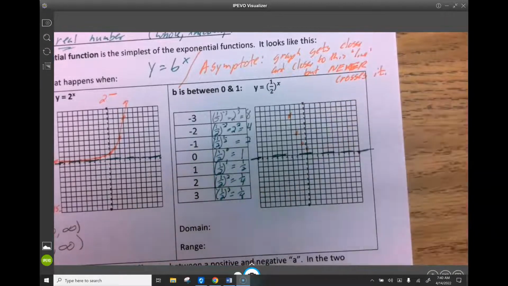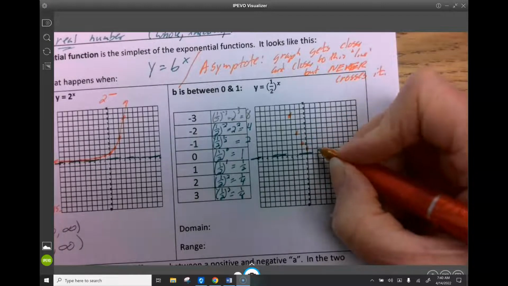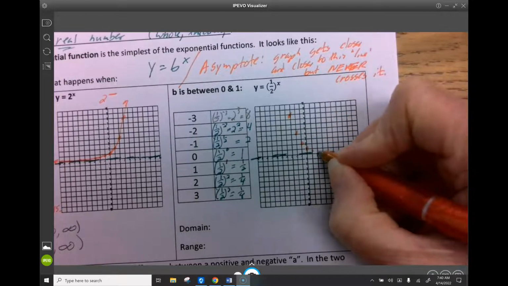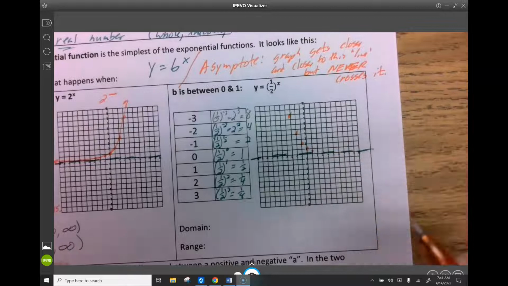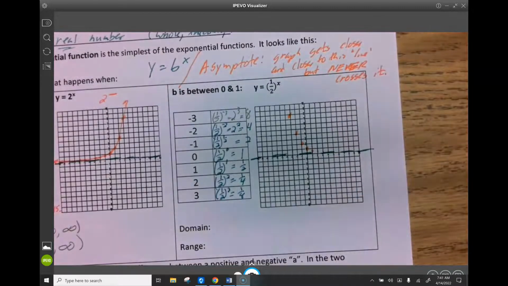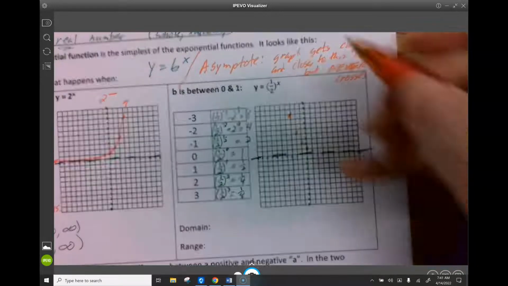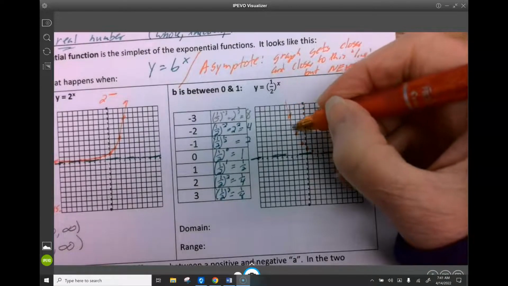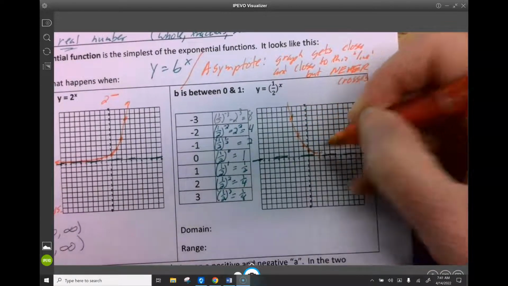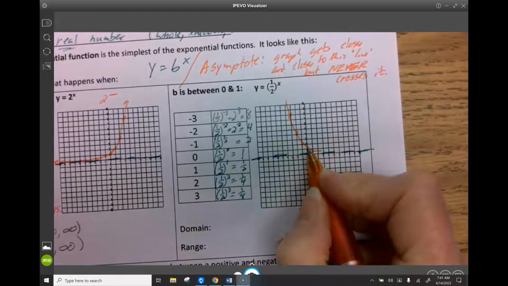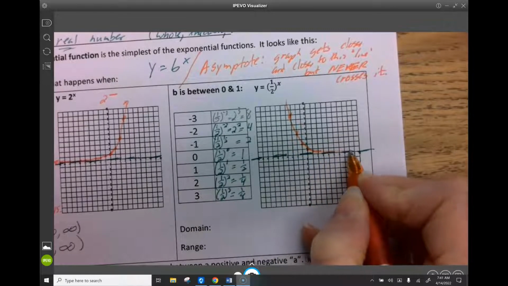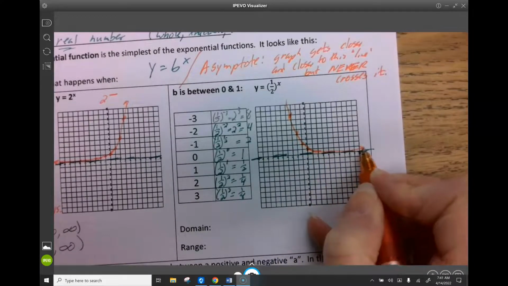There's that 0, 1 that we're always going to have. And then we go 1/2 and 1/4 and 1/8. And it just keeps getting closer and closer and closer to 0. But again, we'll never cross it because there's an asymptote. Okay, and it just keeps getting closer and closer, but it will never, ever cross it.